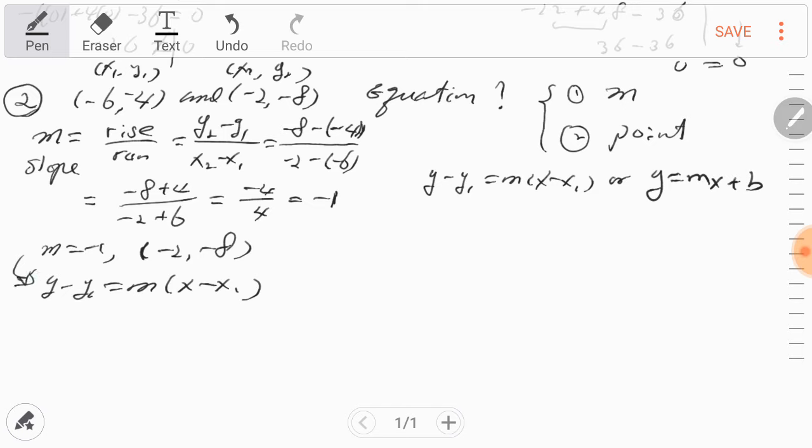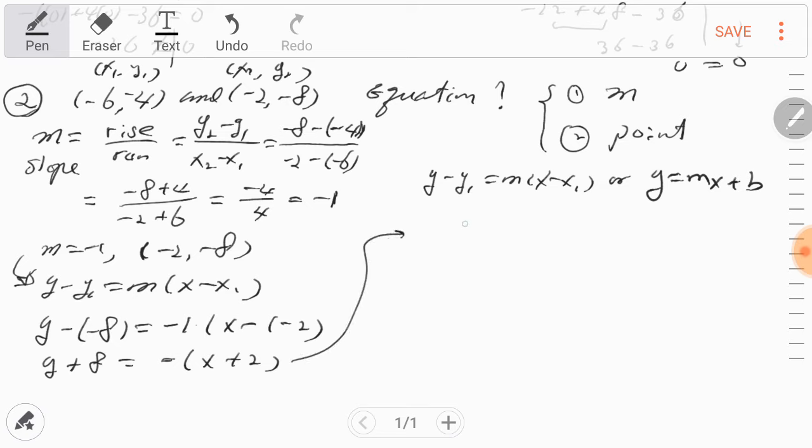So y minus y1, still the same, put parentheses, negative 1 times x minus x1. Then y plus 8 is equal to negative 1 times x plus 2. Now negative 1 times means negative.